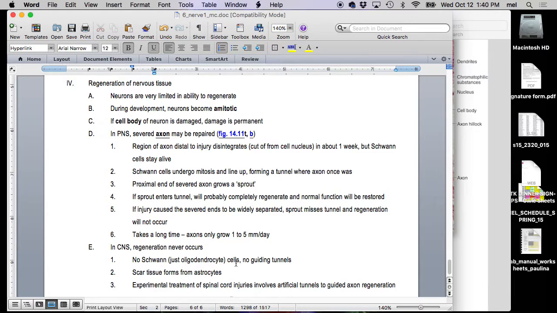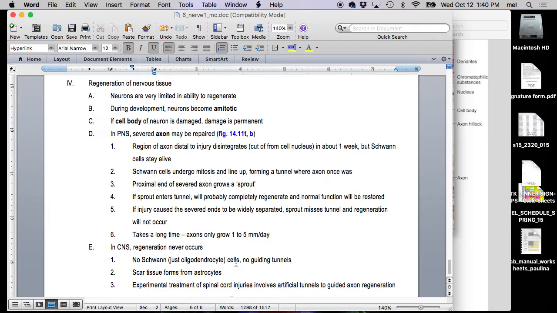Very few neurons in the body actually have the capacity to regenerate. We don't even know how great the capacity is of the few that we learned that actually could regenerate. So at this point, you're just better off not planning on ever getting it back. So if you damage a cell body, the chances are not good.